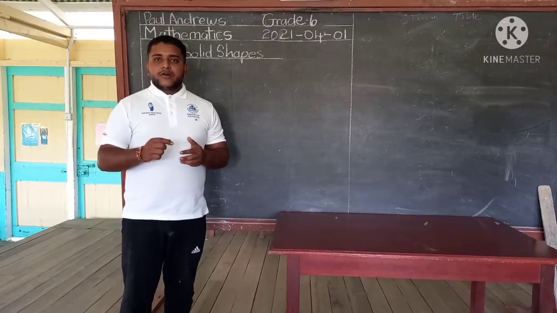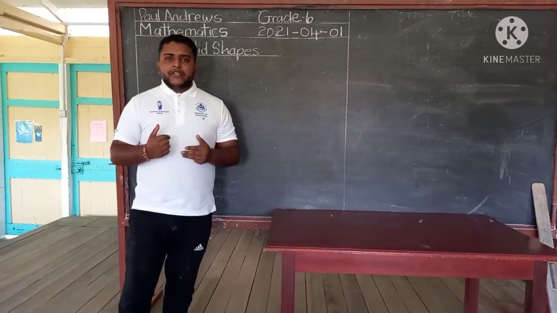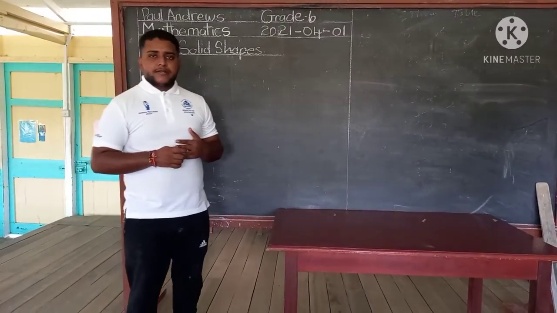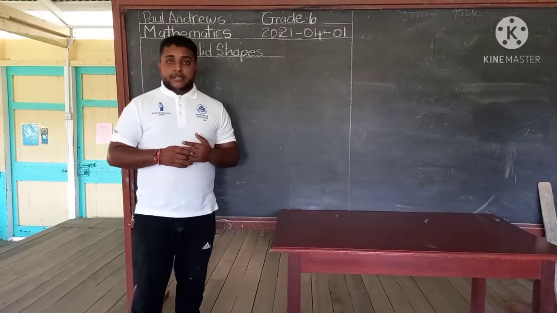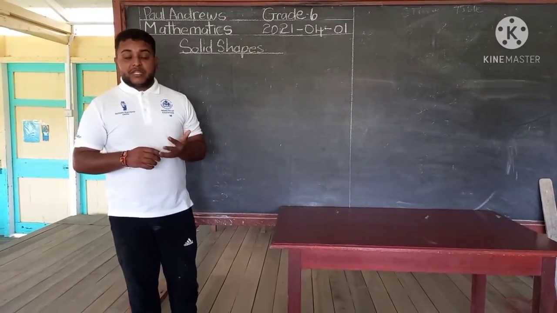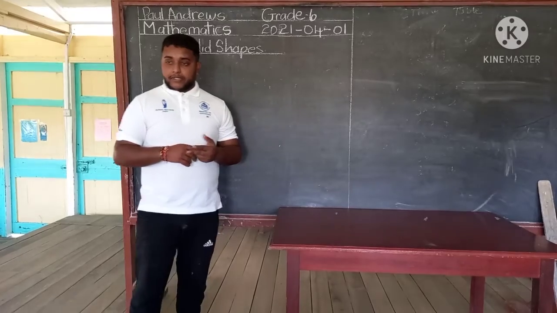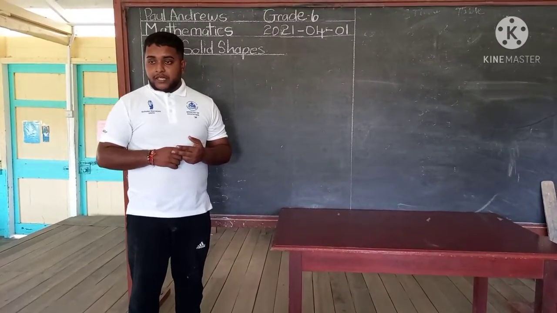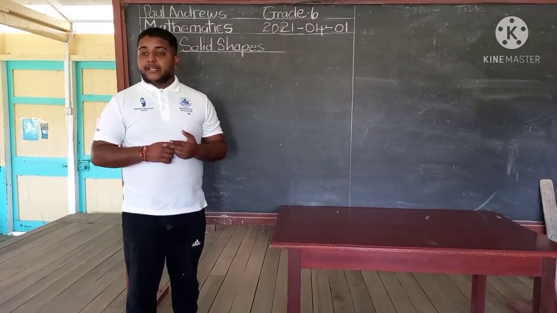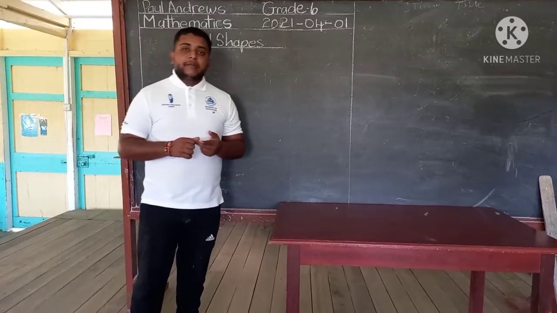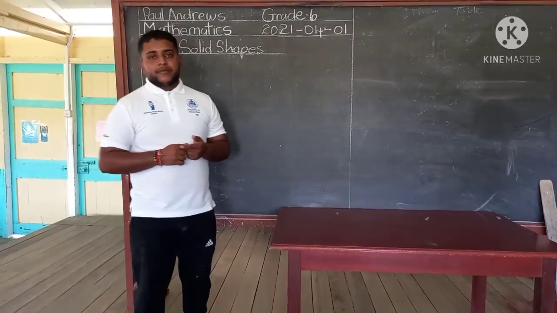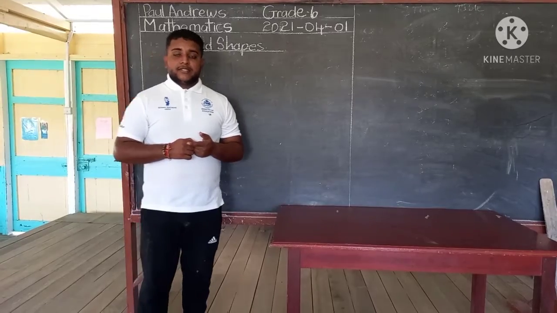Good. So, Paul, can you name me one of those dimensions? Yes, Paul. Height is one of those dimensions. Carla, name me one. Yes, Carla. Length is one. Pauline, name me another one. Yes, the breadth is another one.